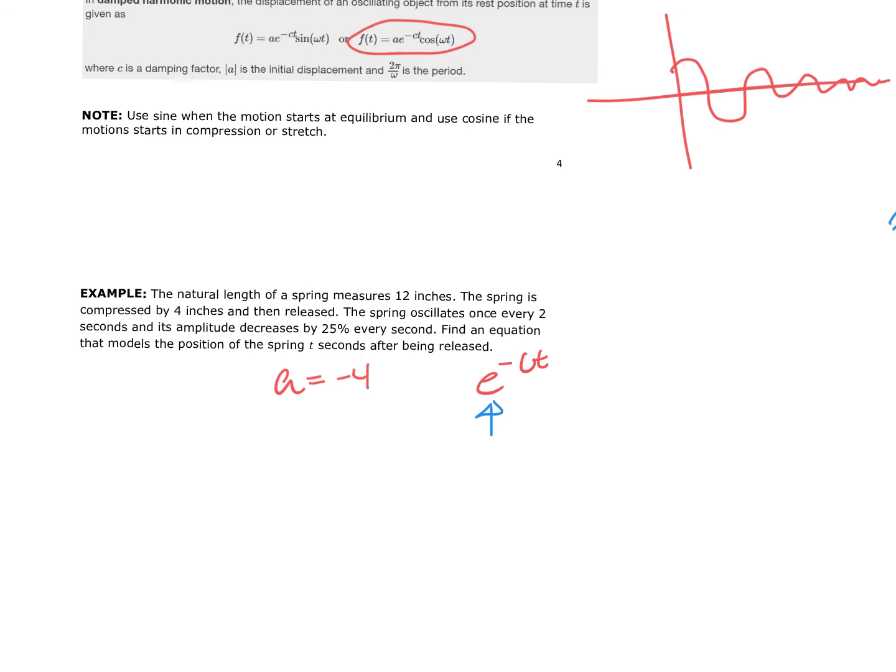And we know that 1 minus that 25% as a decimal, raised to the t, has to be equal to e raised to the ct. So in other words, 0.75 raised to the t is equal to e raised to the ct.